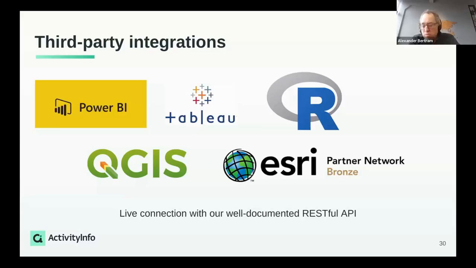So as soon as the partner reports come in, you can just refresh your Power BI dashboard and get the latest results. All of this is possible because of our really well documented RESTful API. So even if you're working with another piece of software or building your own tools, anything that you can do through the user interface, you can do through the API.